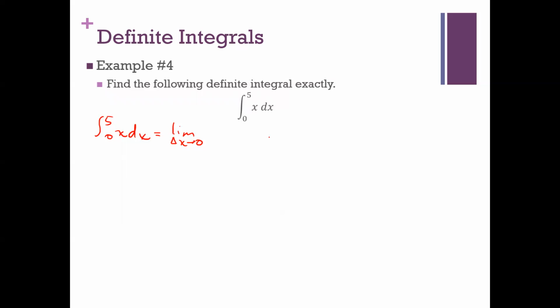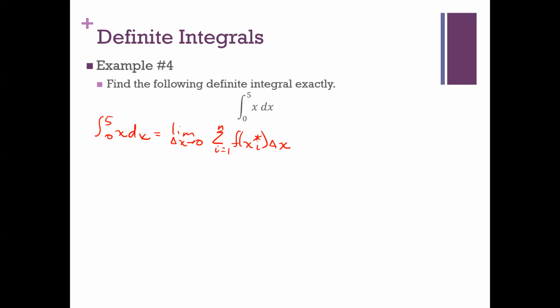So really what we're looking at is the limit of this sum. So we okay with this? Hopefully it looks a little bit familiar from last time. Okay, so let's start filling in the pieces.